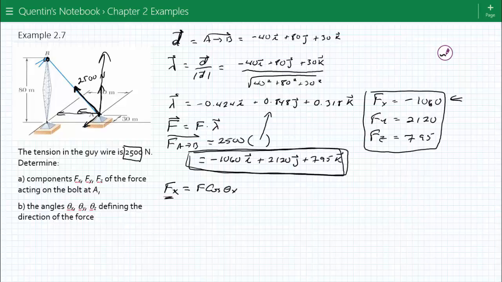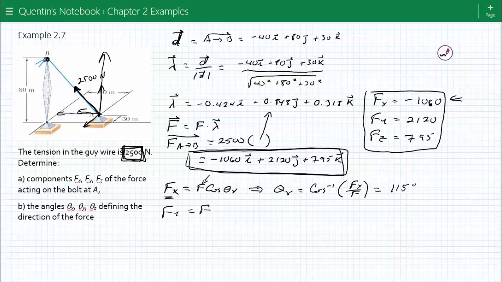We know F. What is F? It's right here. It's 2,500, right? So we can just solve for theta x. So therefore, theta x is equal to cosine inverse of Fx over F. So in this case, when you put minus 1060 over 2500, it's 115 degrees.